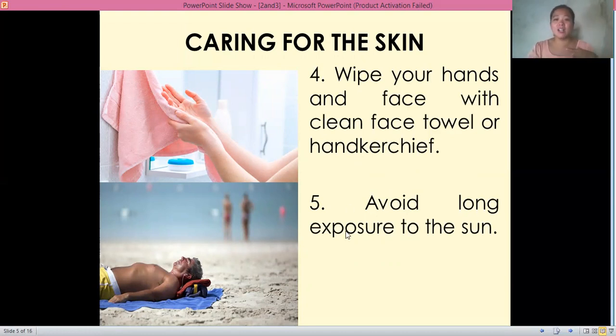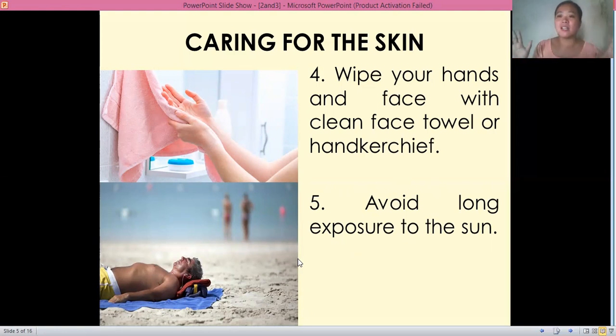Okay, and for the next one, avoid long exposure to the sun. It's not good, especially if you are going to expose your skin under the sun from 11 a.m. up to 2 p.m. It's so hot during that hour. So you need to avoid long exposure to the sun.